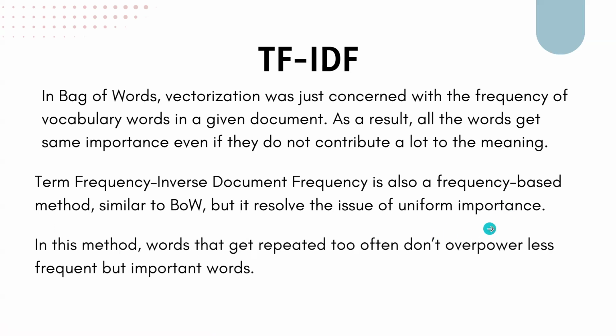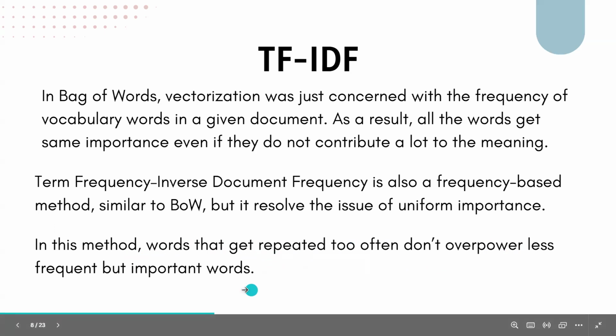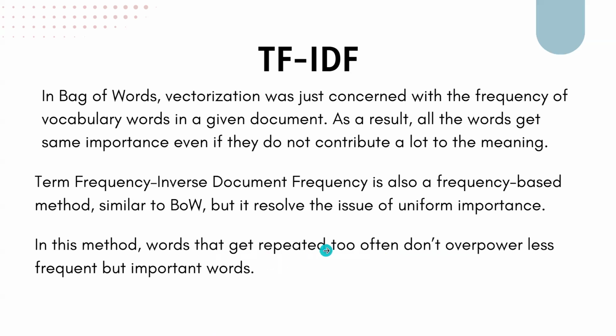The basic idea is to give more importance to the more important or less frequent word than to the more frequent and less important word. In this method, words that get repeated too often do not overpower the less frequent or important words. So what does this mean? Suppose a sentence contains a name only once, like James Cameron is the director name.